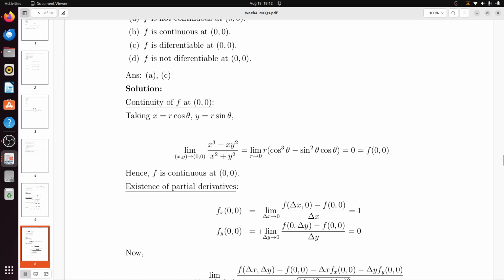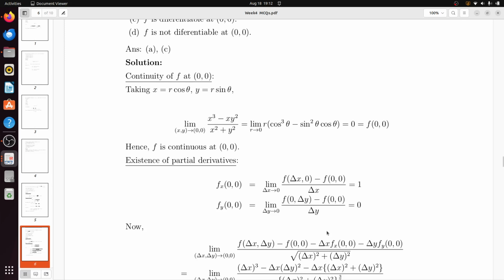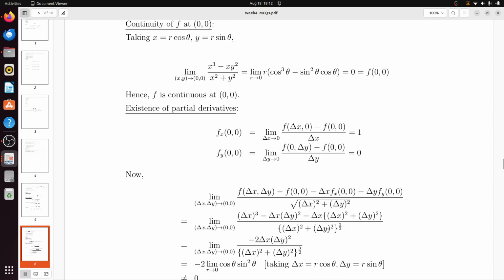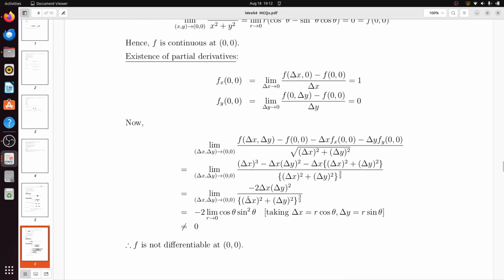Similarly, if you use the definition of partial derivative, fy(0,0) is the limit as delta y tends to 0 of (f(0, delta y) minus f(0,0)) divided by delta y, which equals 0. That means the partial derivative at the point (0,0) with respect to y is 0. Now we need to check the differentiability condition.